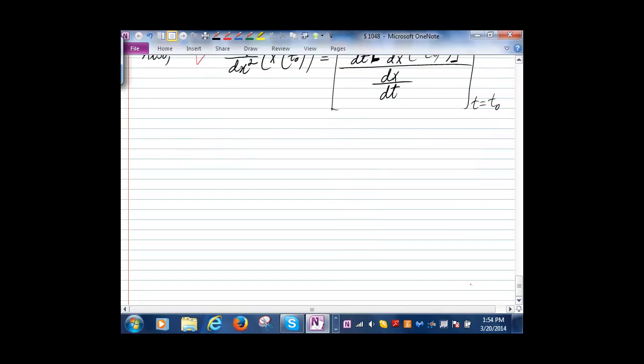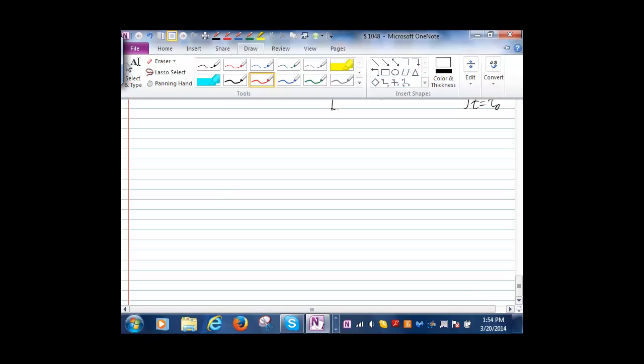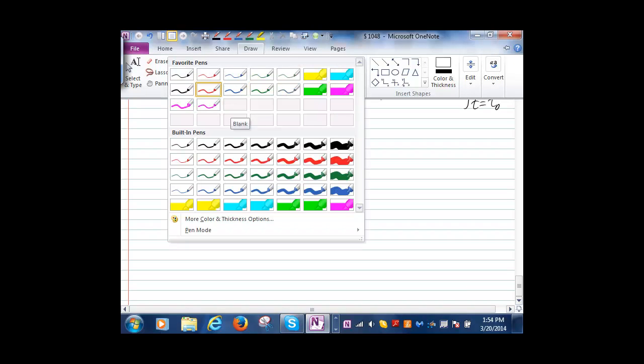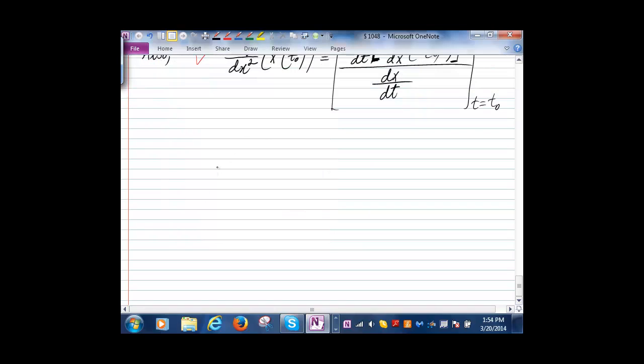Now before I give you an example, there are a couple of things we need to realize here. There are a couple of possibilities. One is I might have a curve like this, and then at this point there is only one tangent line, right?